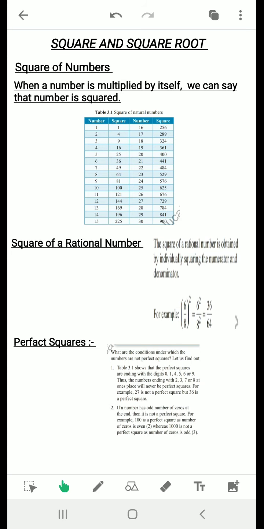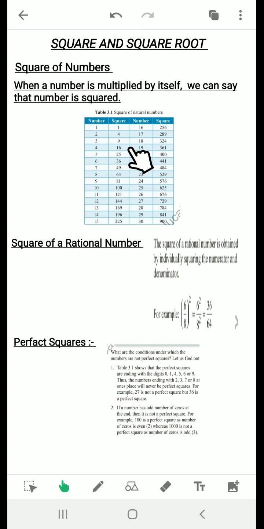There are a few properties of perfect square numbers. You can observe that any perfect square number will end with either 1, 4, 9, 6, 5 or 0. That means perfect square numbers end with digit 0, 1, 4, 5, 6 or 9.